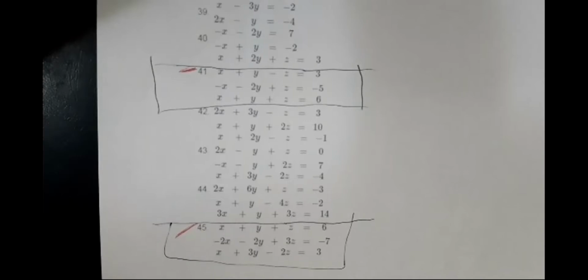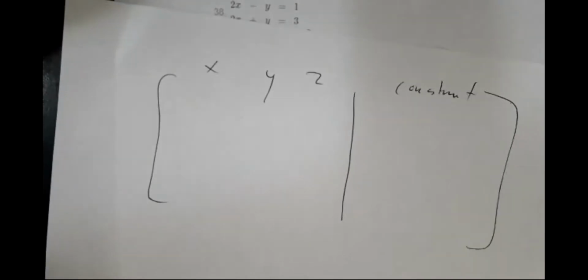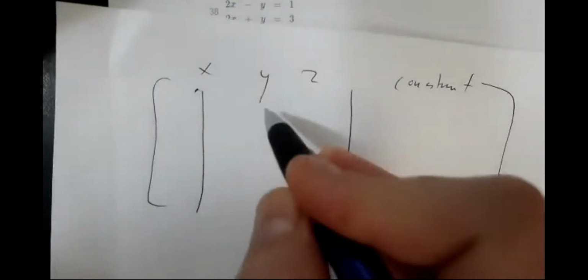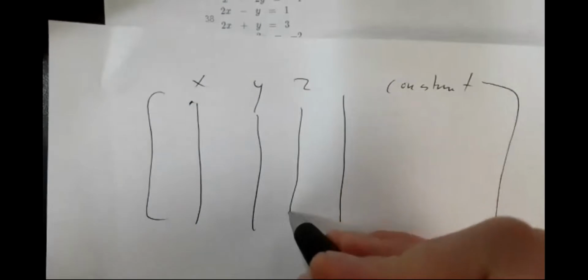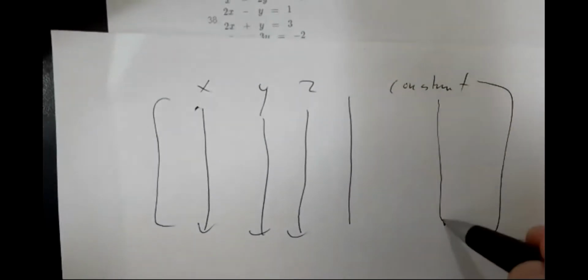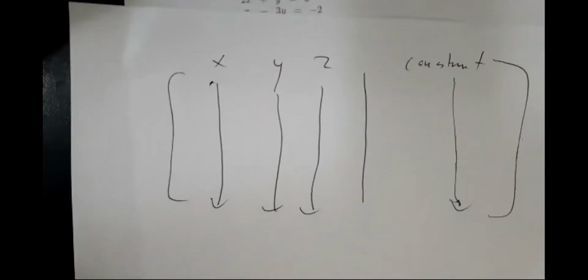You shouldn't, because we're using the space to represent the x's, right? Everything underneath this is going to be an x. Everything underneath this will be a y. Everything underneath that's going to be a z. And everything over here will be a constant. And so in order to drop the variables, you have to keep that spacing.